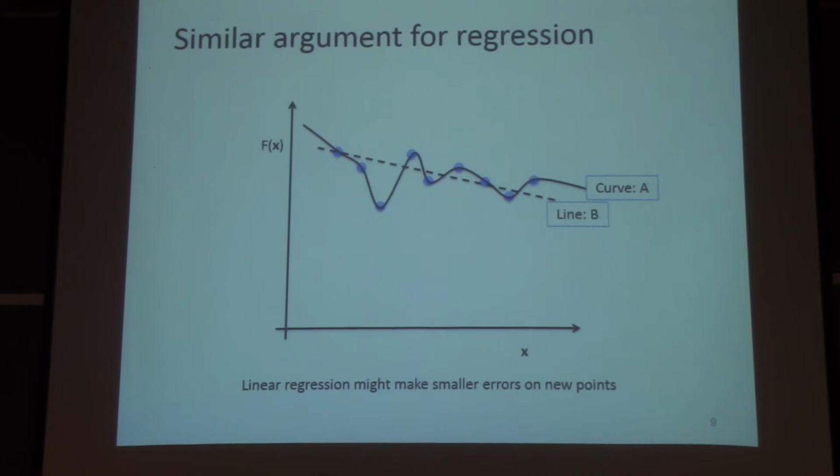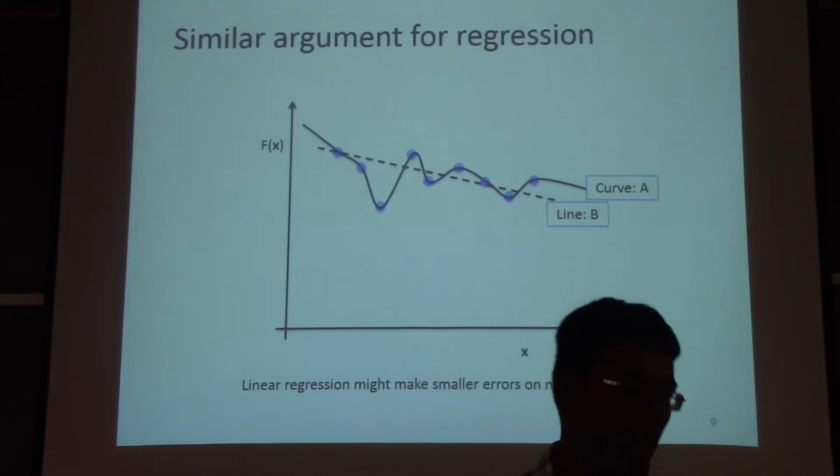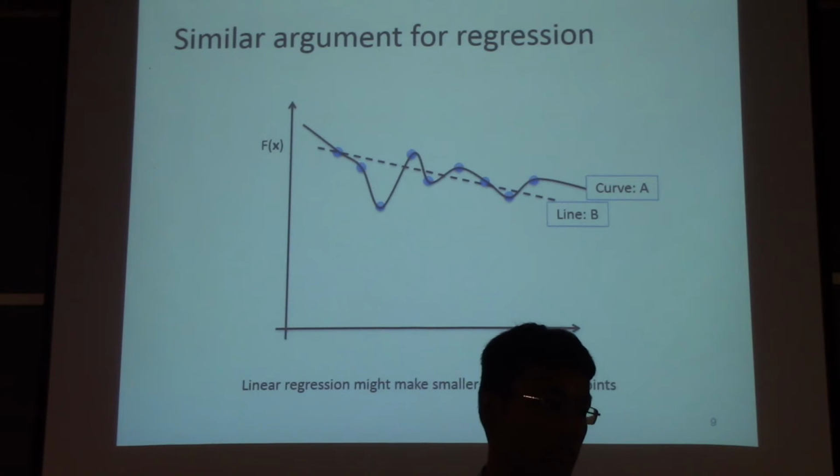When you say noise, that could be anything. It could be mismeasurement, or it could be other factors that we're not concerned about. Yes, noise could be something that's affecting the features.